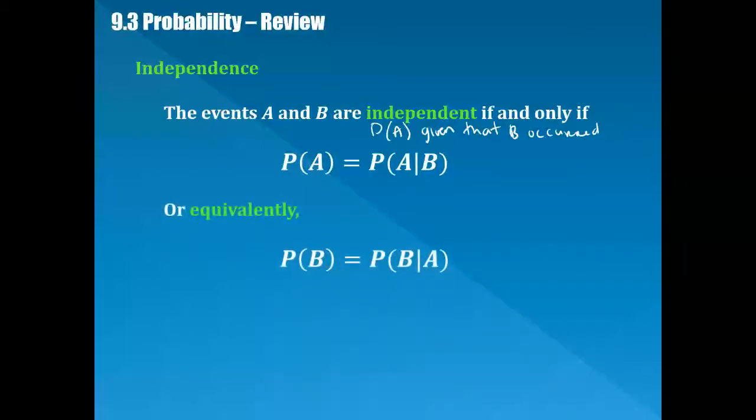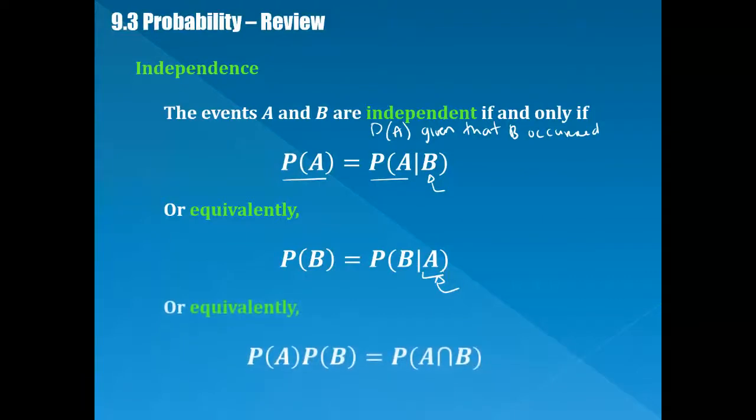Another way to think about it is that the probability of B is equal to the probability of B given A, right? So notice what's happening here. Having another event happen before it does not impact the probability of the next one happening, right? So the probability of A times the probability of B is equal to the probability of A and B. And we kind of closed out the last lesson with one question about independence, and we used this concept.